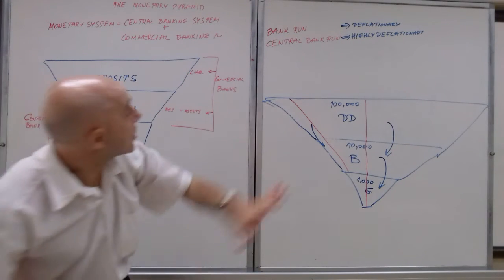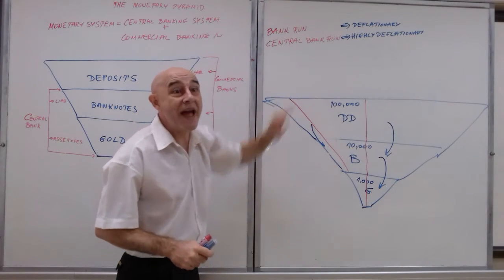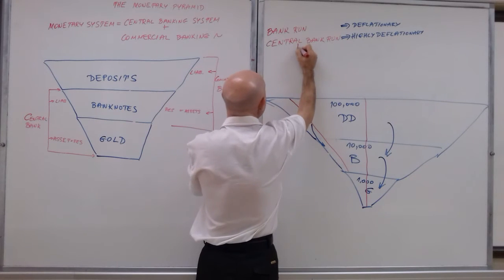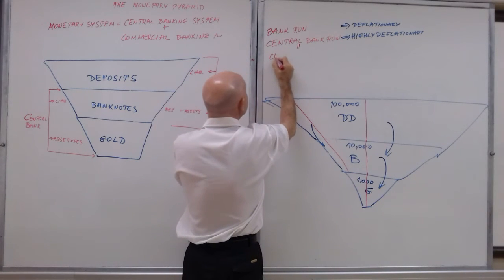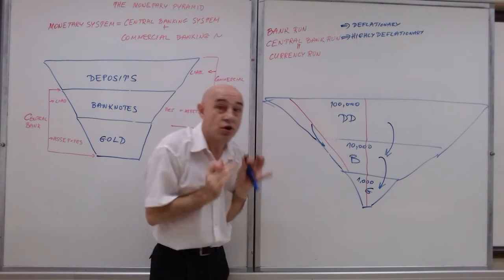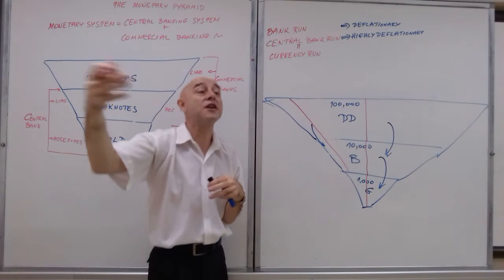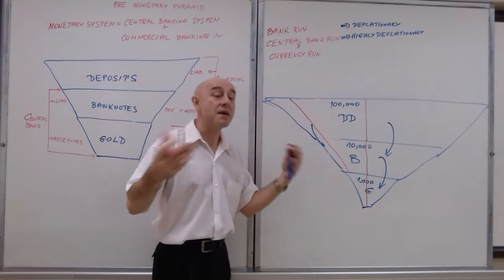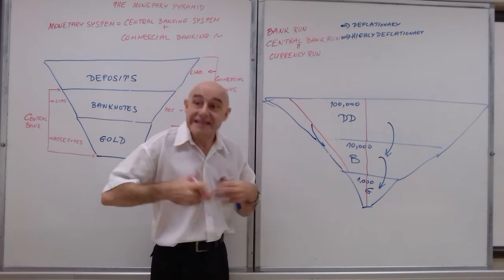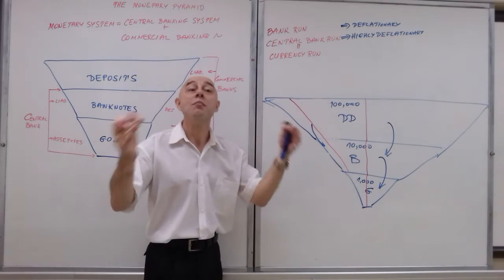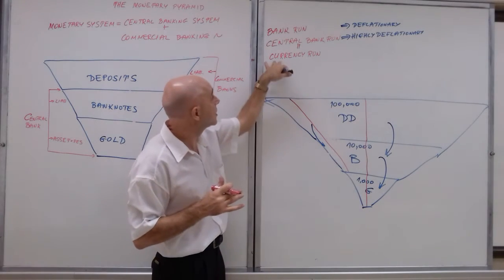All right, we call this a central bank run. It's called a currency run. You don't like the local currency? You convert it for some other currency. Maybe dollars, maybe gold, maybe euro, something else which consumers, people believe is more stable than the local currency.